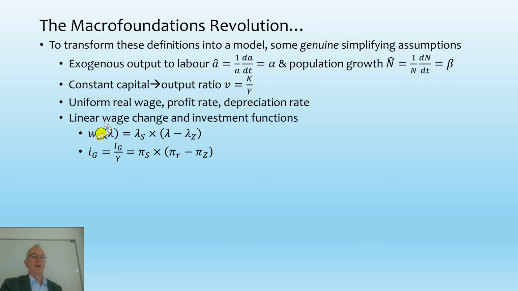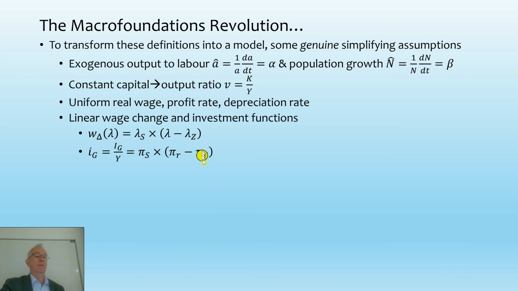So for this one, I've got the rate of change of wages as the slope of the function multiplied by the gap between the current employment level and a level at which wages don't change. And the investment function is a percentage of GDP: a slope, capital S, pi capital S, the slope of the function multiplied by the rate of profit minus the rate of profit at which capitalists just invest all that they earn.